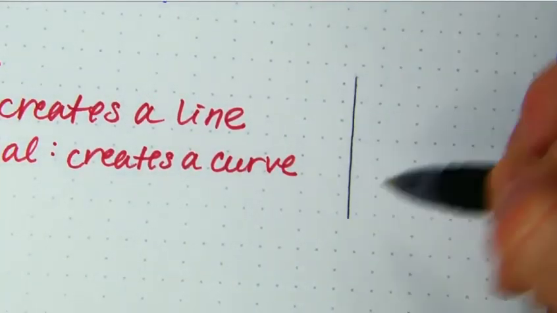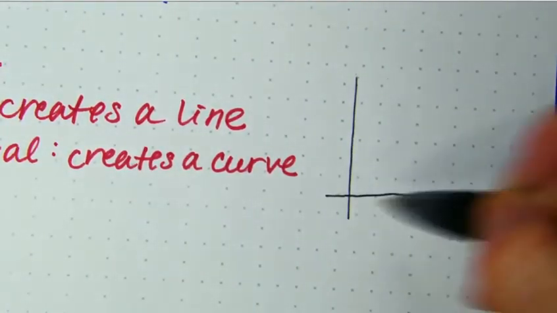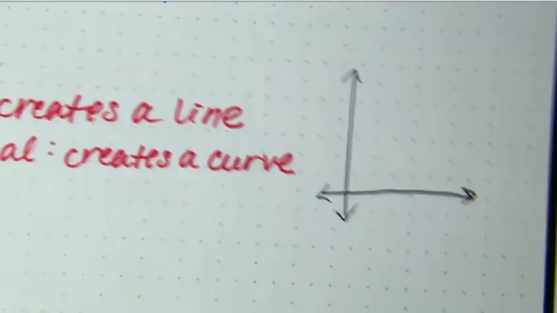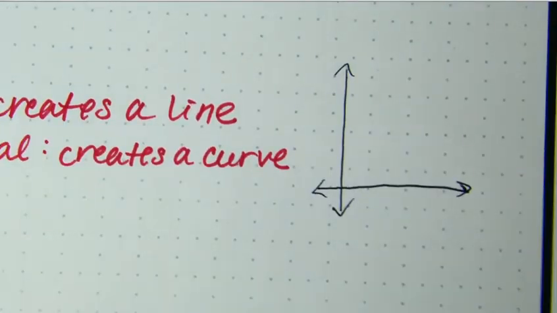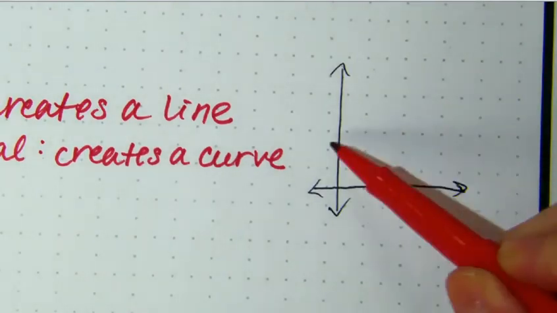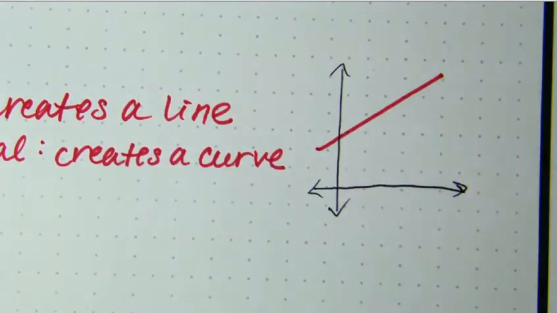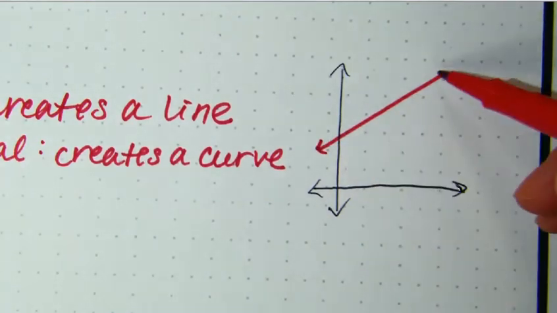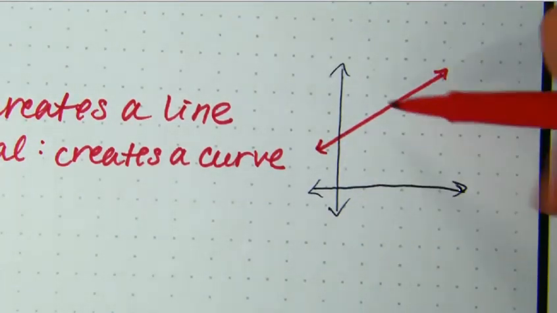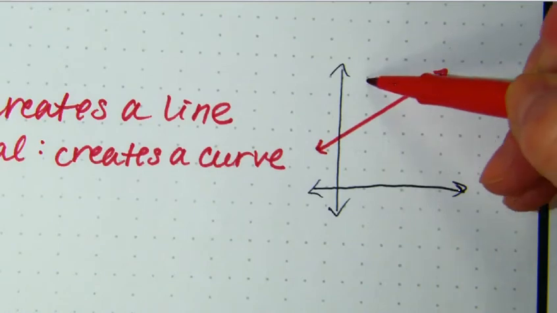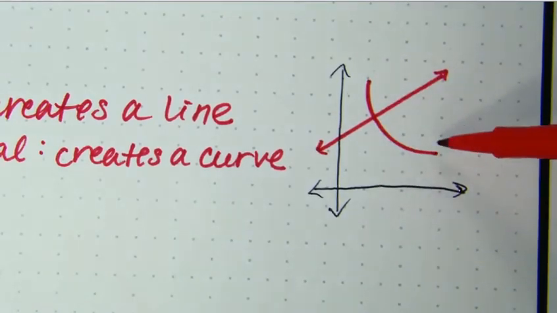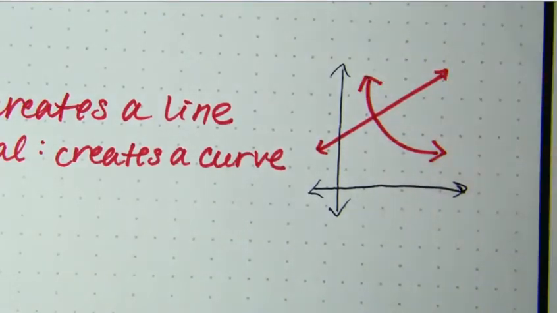All right? And if we take a second and draw kind of a rough sketch, so give yourself a little coordinate plane. Doesn't have to be perfect or pretty. And we have our line for our linear equations and some sort of curve for your exponential.